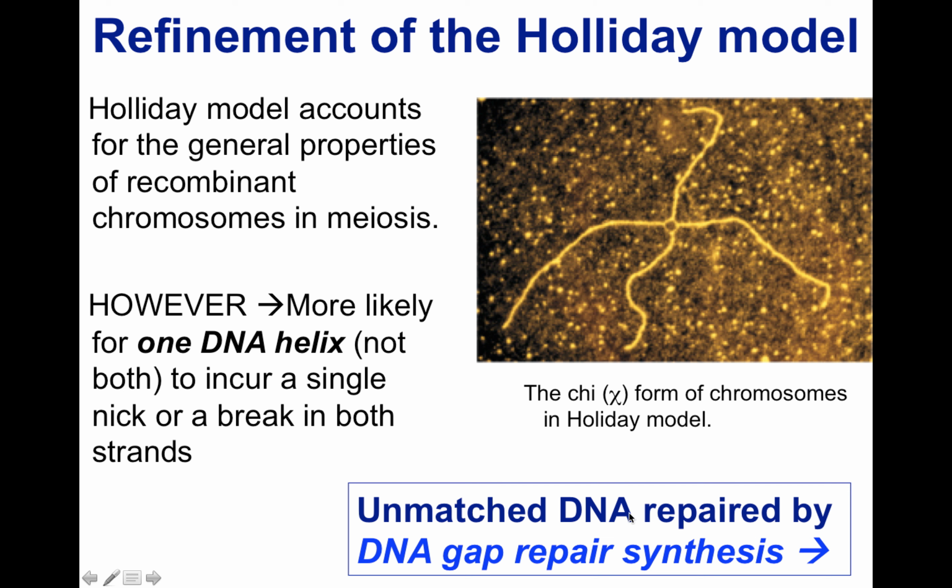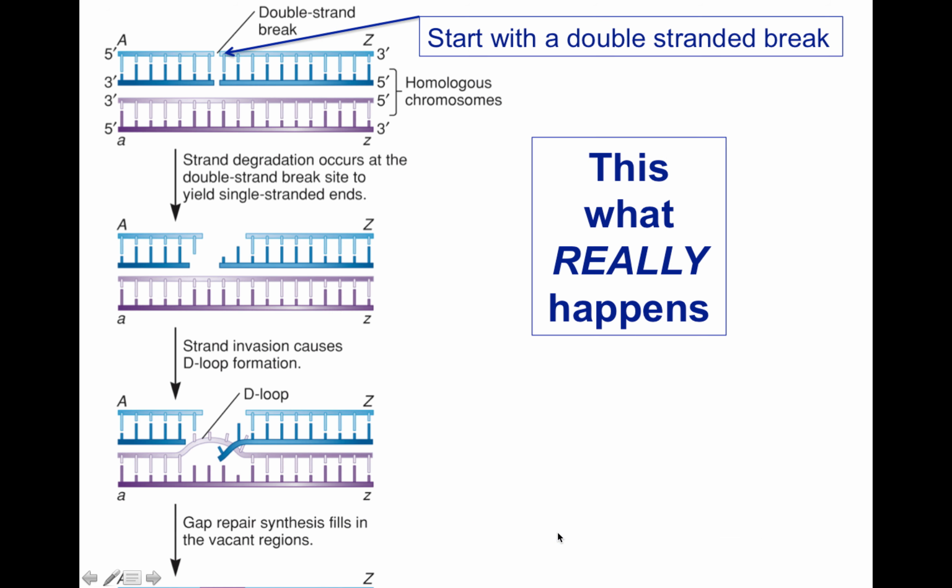What we're going to see in the next couple of slides is unmatched DNA repaired by DNA gap repair synthesis. Okay, so this is what really happens. You get a double-stranded break. This is exactly what we've seen with the double-stranded break repair that involved the BRCA genes, for example.